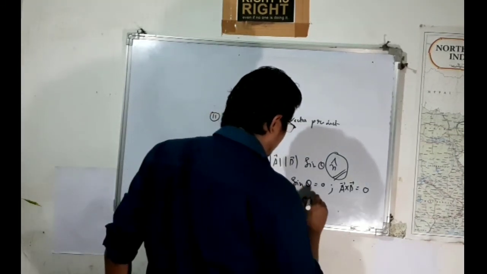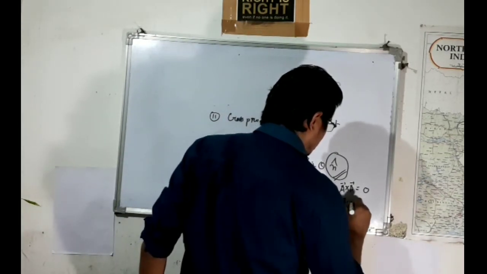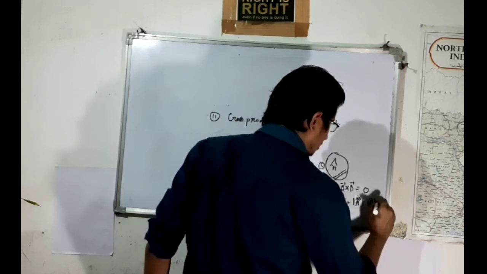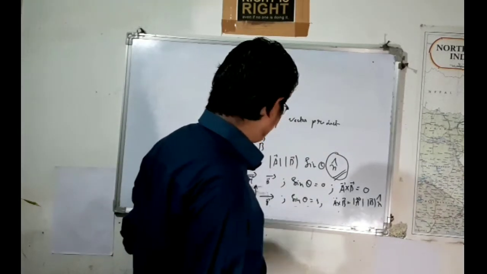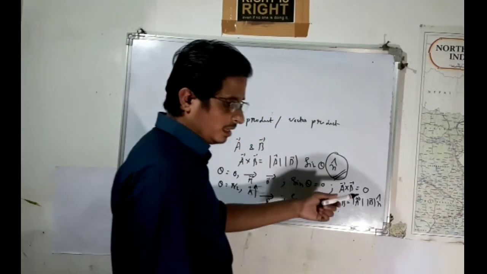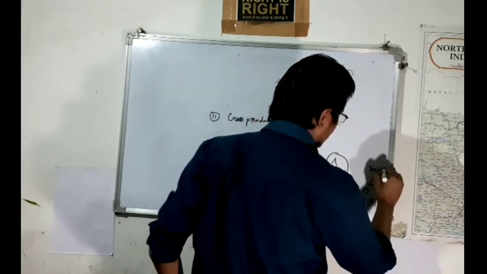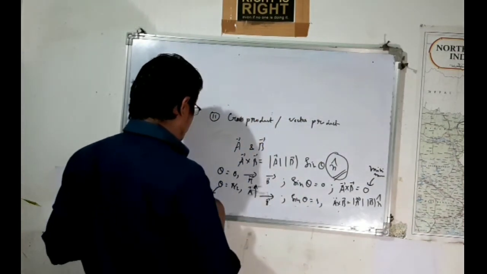Here, sine of theta is equal to 1. So, A cross B is equal to AB n cap. Here this value is minimum, and this is the maximum case.